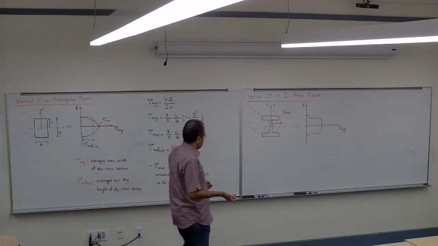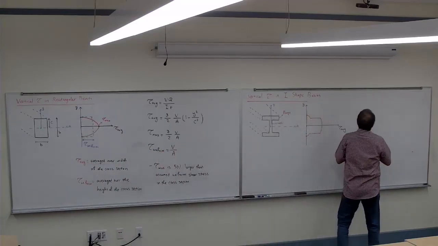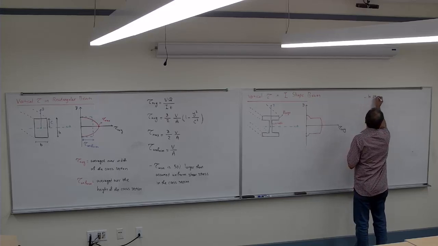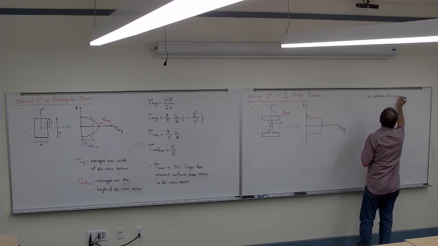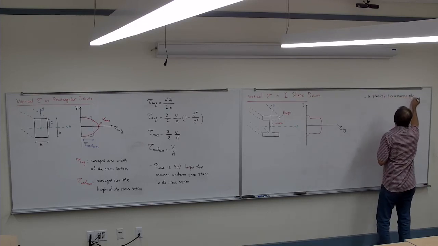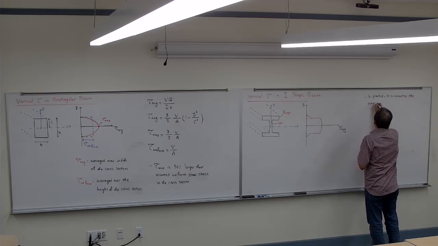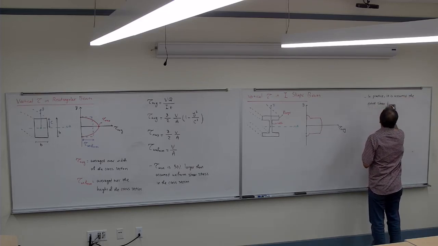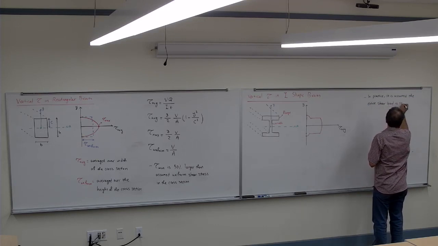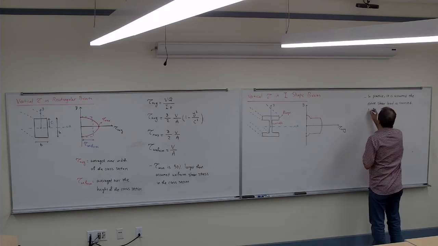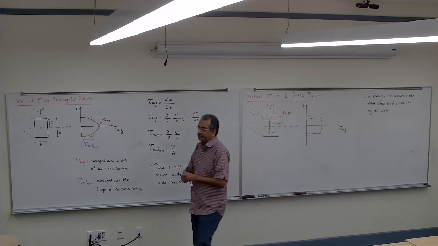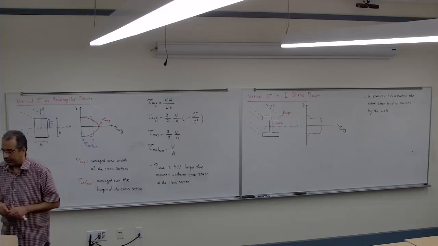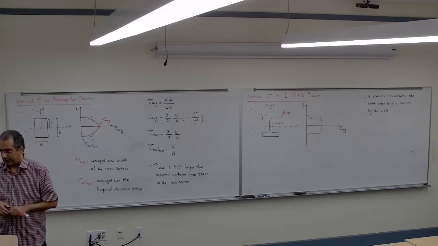So in practice, it is assumed the entire shear load is carried by the web. Just ignore the flanges. It does carry, it helps a little bit, but not much, so we're just going to simply assume it doesn't do anything.